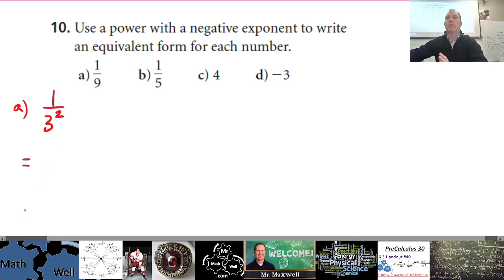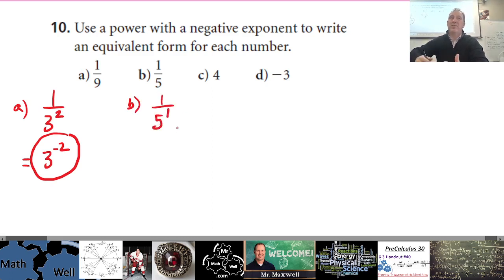Shout it out. 3 to the power of negative 2. Yeah, 3 to the power of negative 2. See that? So change it into a power with an exponent, and then change it so it's negative. Okay, so B, this is 1 over 5 to the positive 1, right? 5 is just 5 to the 1. So I can rewrite this as a negative exponent.